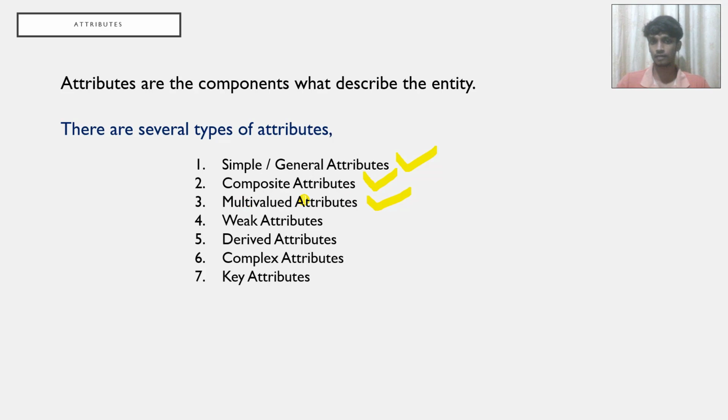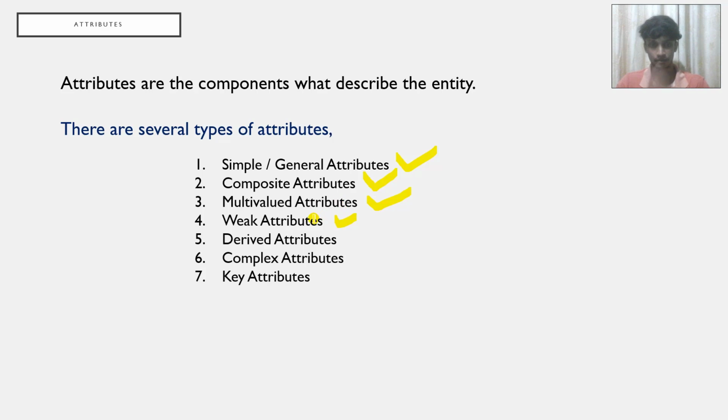Multi-valued attributes are just an imaginary component when it comes to the ER diagram. They can't really be implemented in a real-world database, because if implemented there will be data anomalies. Anyway, we have discussed those facts. The fourth one is weak attributes. A weak attribute is relevant to an entity, but it may or may not exist, depending on the scenario.